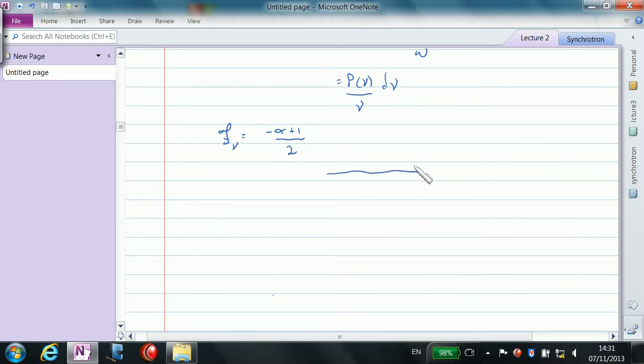Now, when the electrons are being injected at a constant rate and they're cooling, then n of E dE is proportional to E to the minus alpha below the cooling break. And why is it proportional to 1?